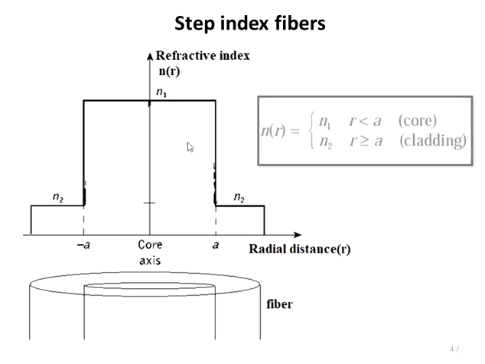So the profile is given by n of r equal to n1 when r is less than A, where A is the radius of the core, and equal to n2 when r is greater than or equal to A. When r is less than A, it is inside the core; r greater than A is inside the cladding.